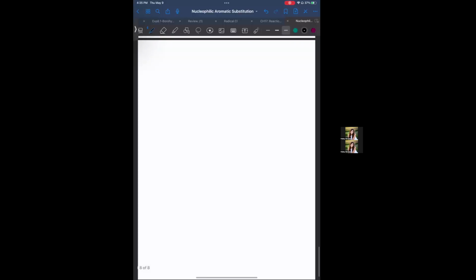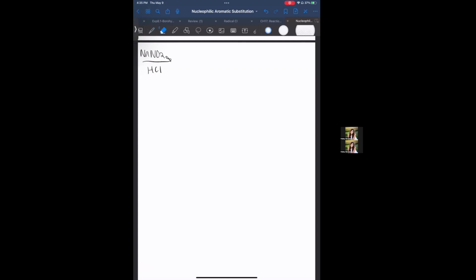All right, so let's look at this NaNO2 over HCl reagent that we're going to be using. So we can draw NO2 like this. We'll have our O, the negative charge, single bonded to our nitrogen, which is double bonded to another oxygen. And when we react this with two equivalents of HCl, we're going to get H2O, which is going to have a positive charge, single bonded to the nitrogen, double bonded to this oxygen.